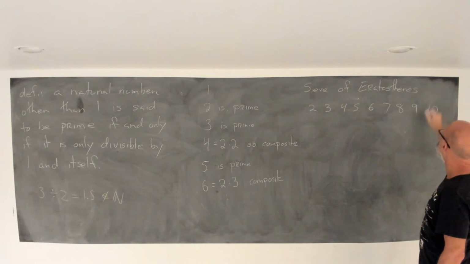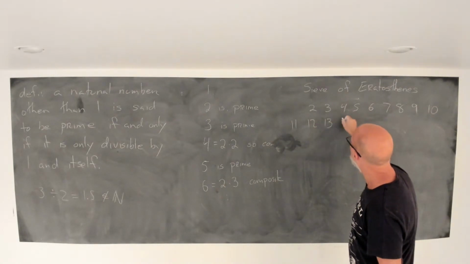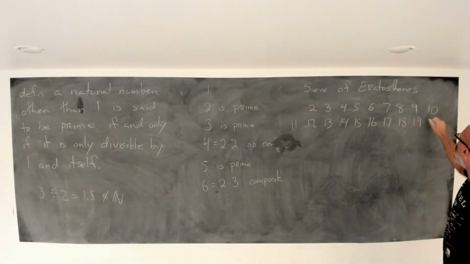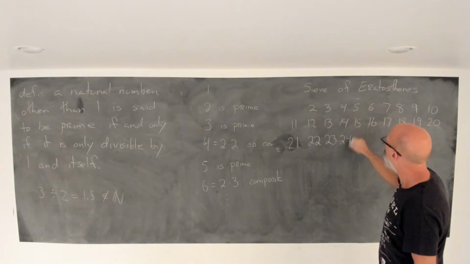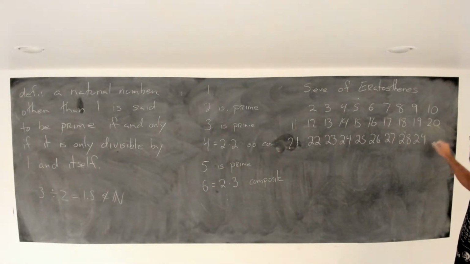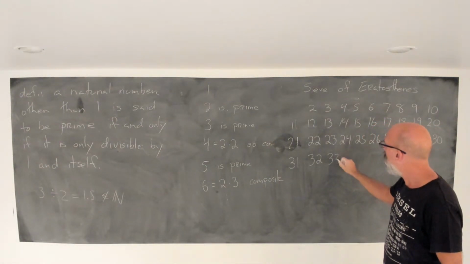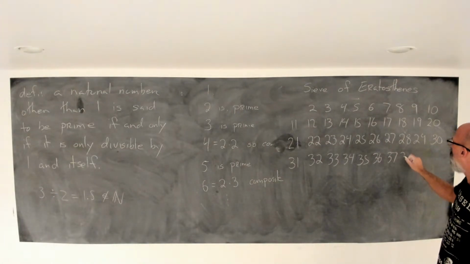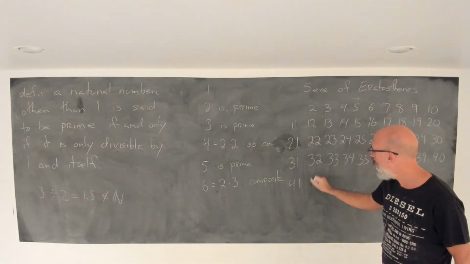Let's say 10 here. 11, 12, 13, 14, 15, 16, 17, 18, 19, 20. And so on, right? I'm going to stop now.